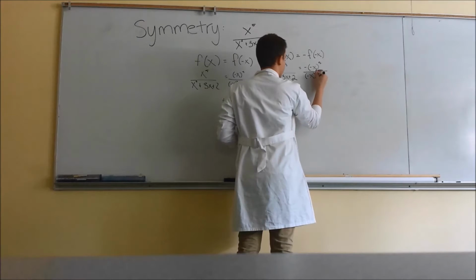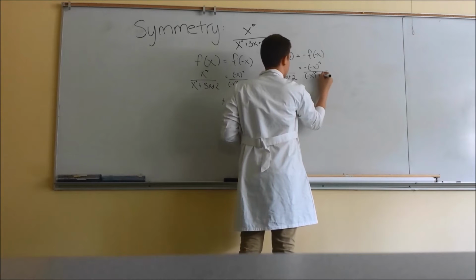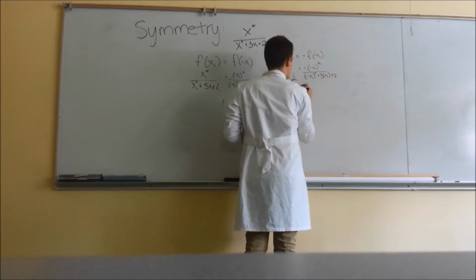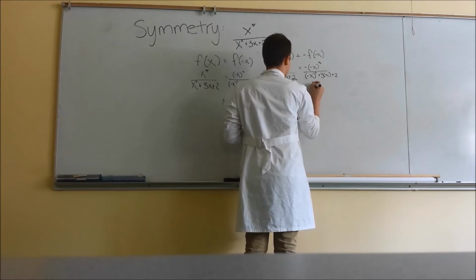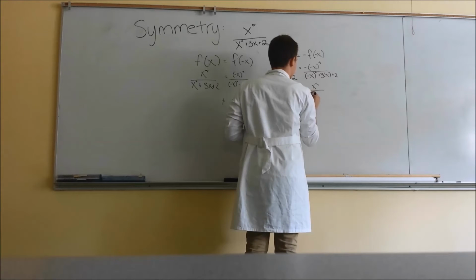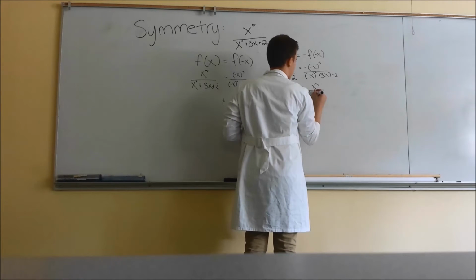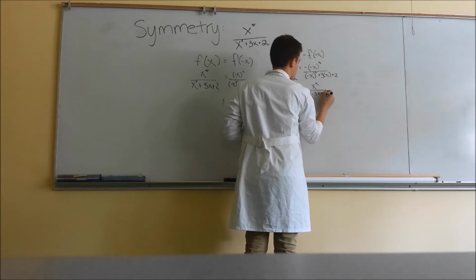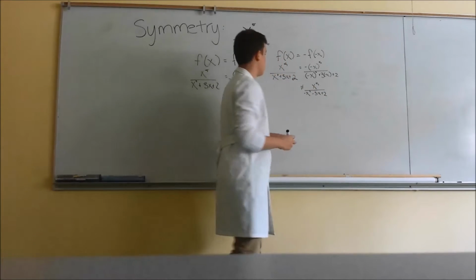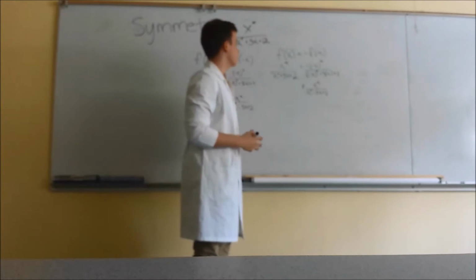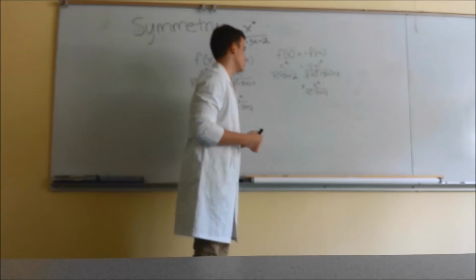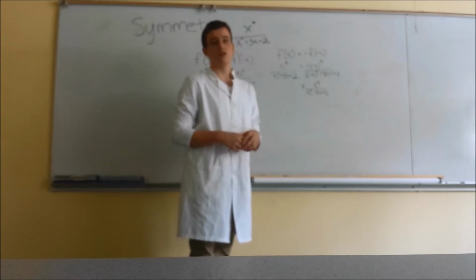Plus 3 times negative x plus 2. And you find that x to the power of 5 over positive x squared minus 3x plus 2 is not equal to the original function, so therefore this function has no symmetry and is not even or odd.